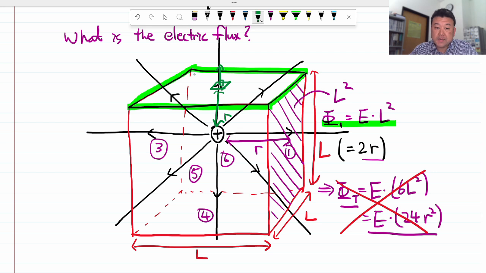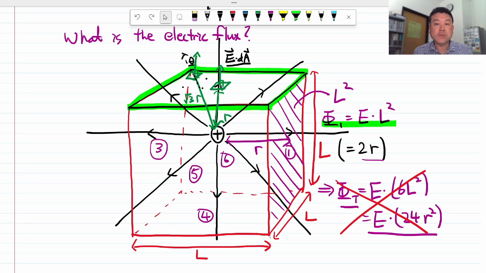But this face has other surface area elements, like this one near the corner. This is not distance r away. This should be, I think, square root of 3 r away. And the direction of the surface normal vector and the radial direction are no longer parallel. This angle isn't 0 anymore. And the dot product, E dot dA, is no longer very simple. And this will depend on where on the face you are.